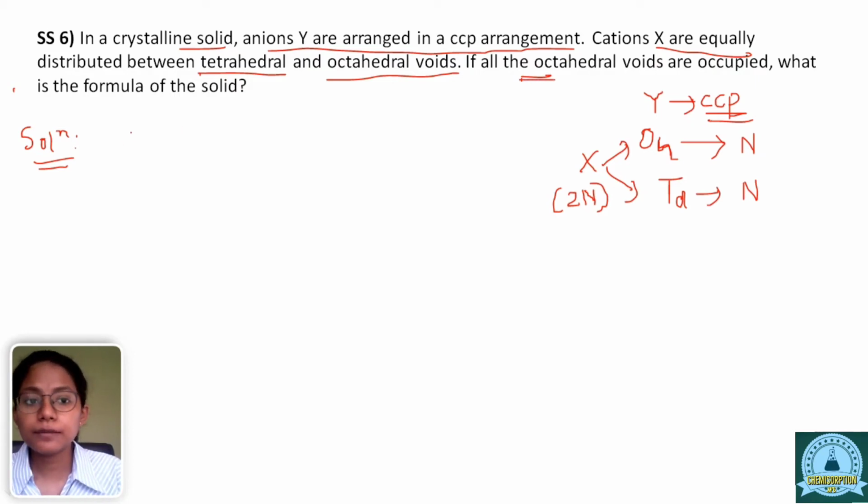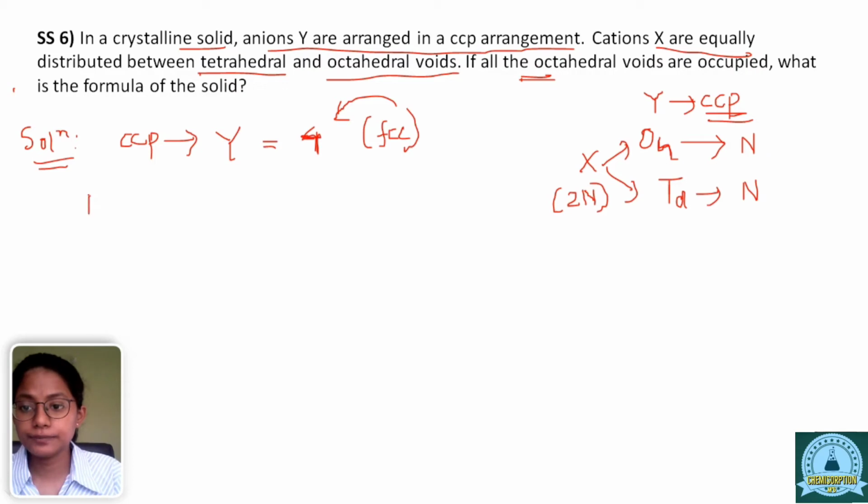So here the structure is CCP. It means that the number of Y atoms per unit cell is 4, right? For FCC, the number of atoms per unit cell is 4. Let me write it again.